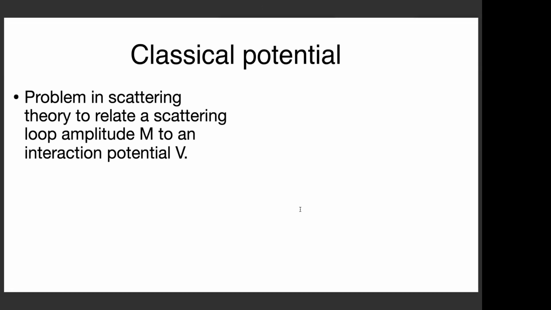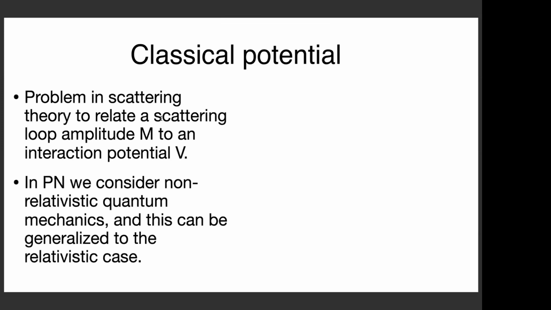To go into the matter of what we do in the computations, the problem in QFT scattering theory of relating a scattering loop amplitude to an interaction potential is at the heart of our difficulties. One thing is we have to provide amplitudes to some given order, and then we have to choose a way to derive gravitational interactions.